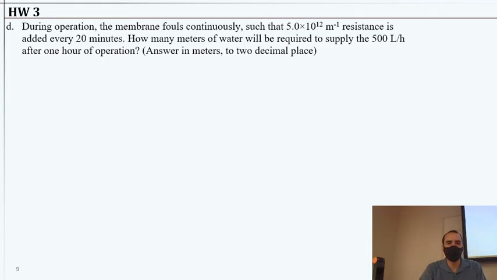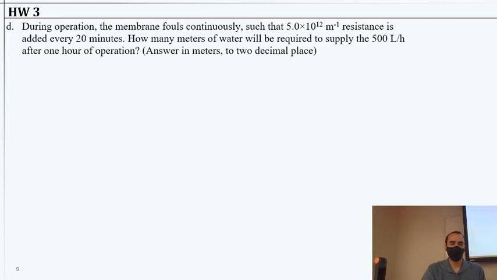Okay, so part D says, during the operation, the membrane fouls continuously such that 5 times 10 to the 12th per meter of resistance is added every 20 minutes. How many meters of water will be required to supply the 500 liters per hour after 1 hour of operation?